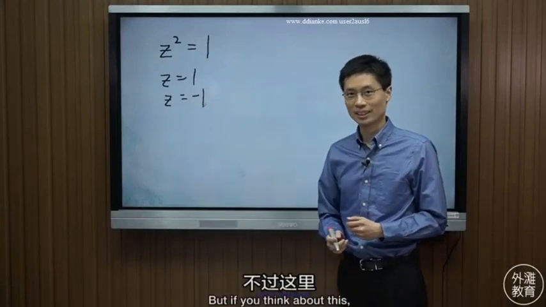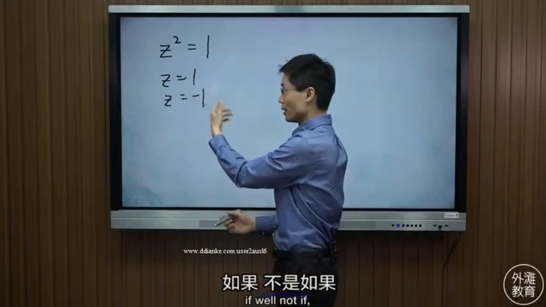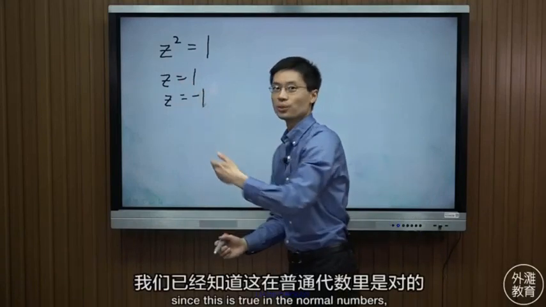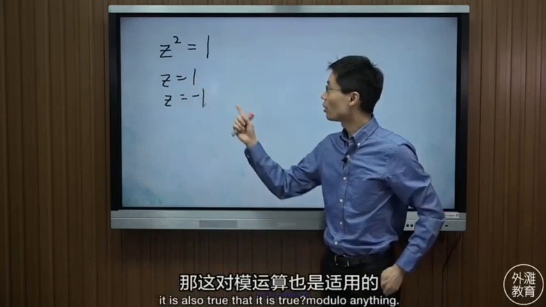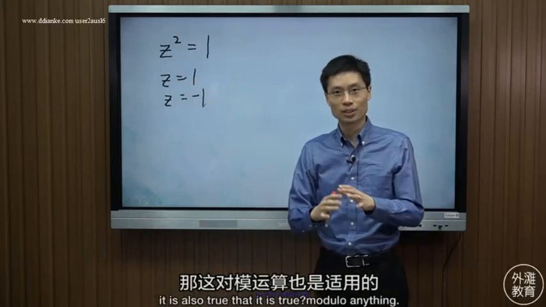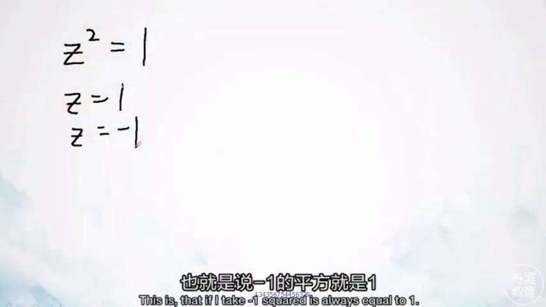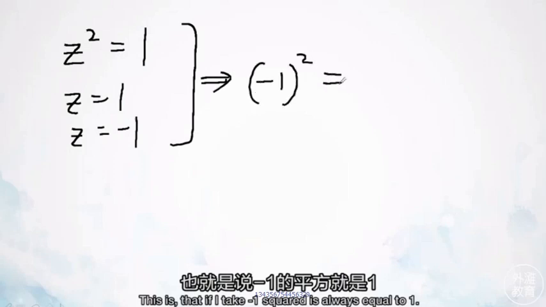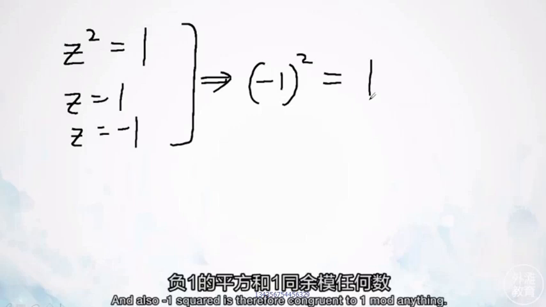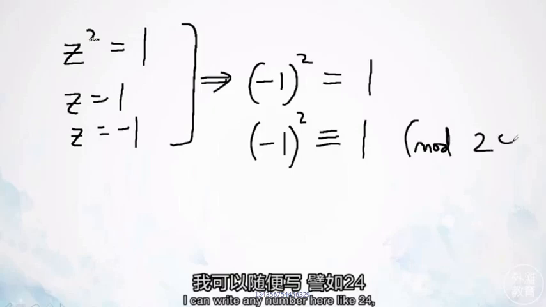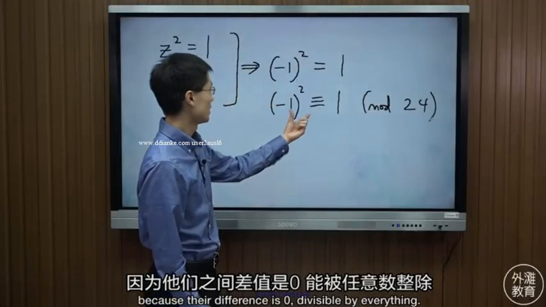But if you think about this, since this is true in the normal numbers, it's also true that this is true modulo anything. This means that if I take minus 1 squared, it's always equal to 1. And also, minus 1 squared is therefore congruent to 1 mod anything. I can write any number here, like 24, because their difference is 0.